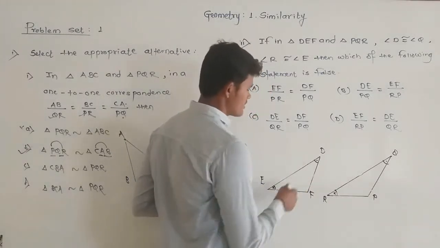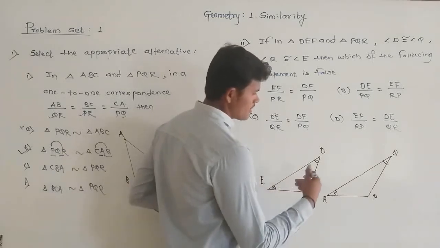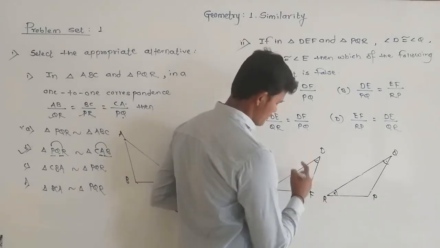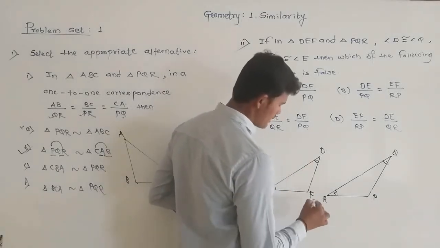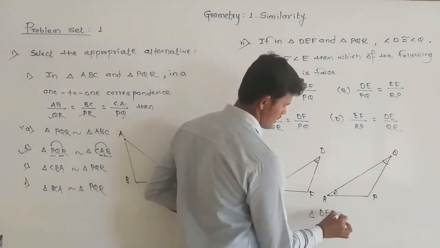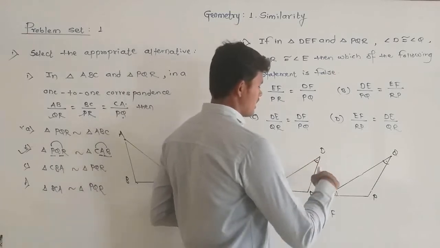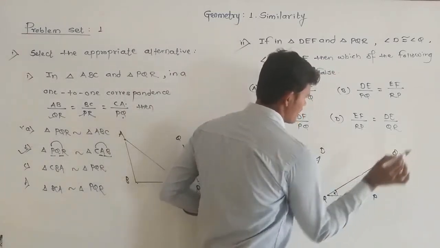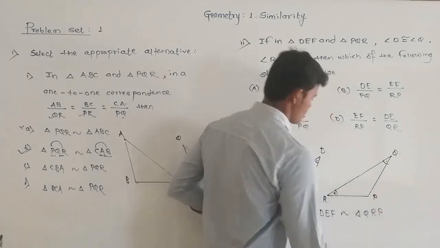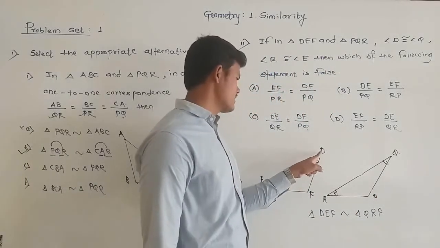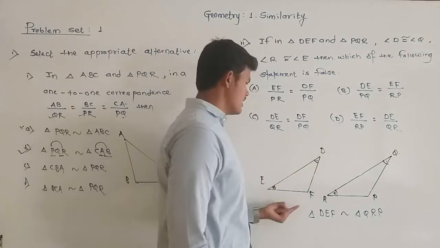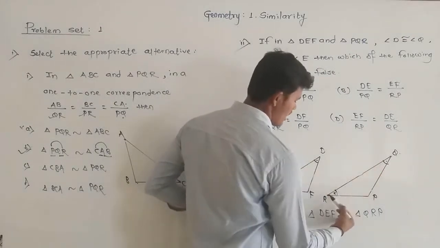So check out. First, write the correspondence of the triangles, then we get it. If I write the name of the first triangle as triangle DEF, then the correspondence of the other triangle starts from the vertex Q. That means triangle QRP. If I start the name of the first triangle from vertex D, that is triangle DEF, then the name of the second triangle is triangle QRP.